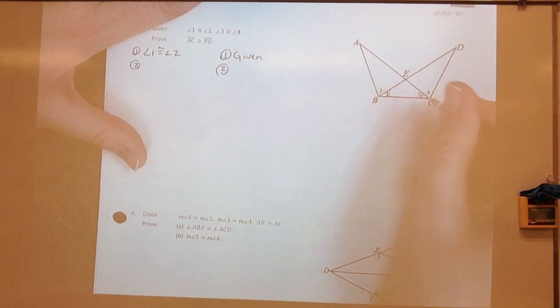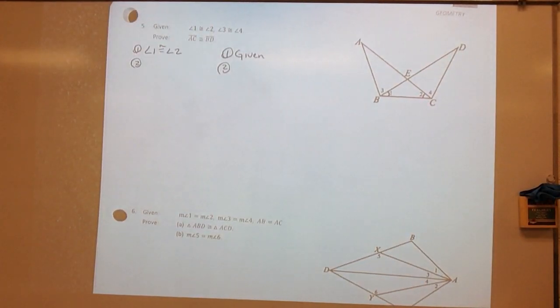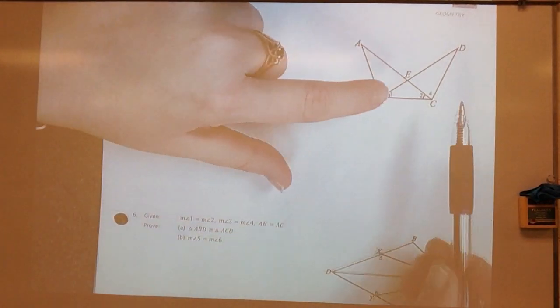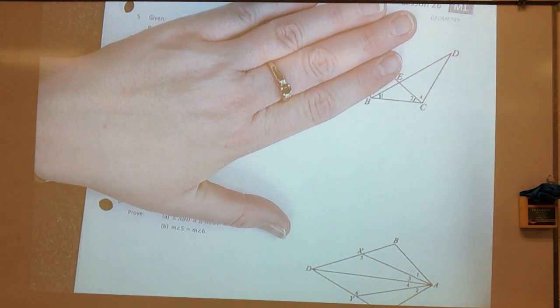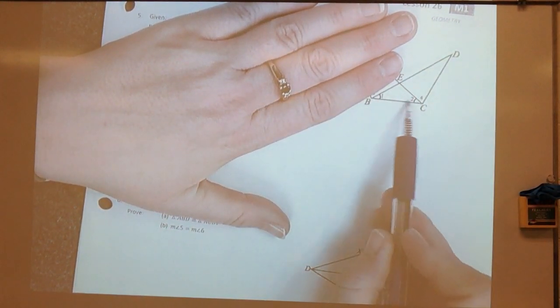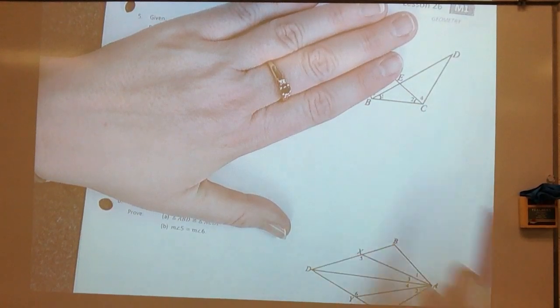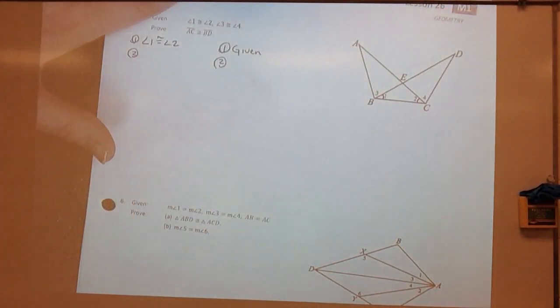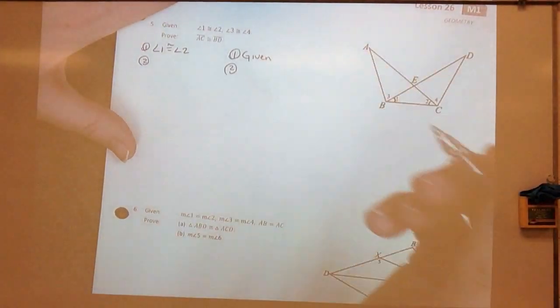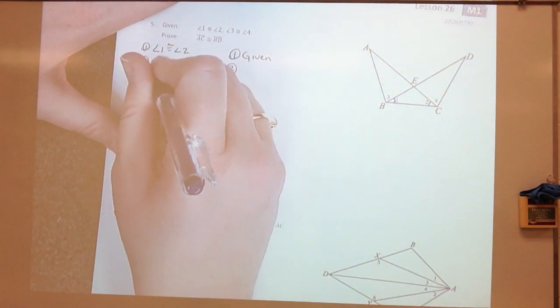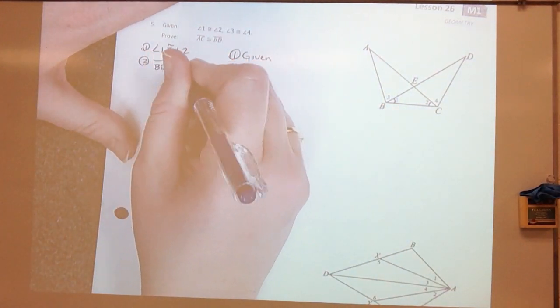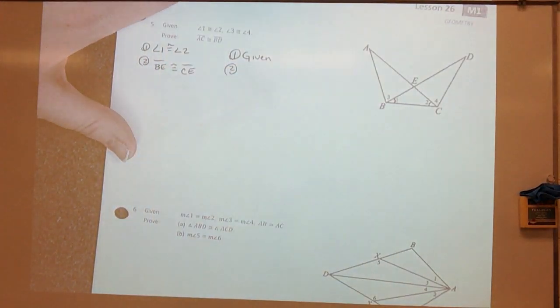Since I know that, there's a couple things I can figure out here. We just dealt with this in the last one. I'm going to look at this small triangle. Since I have two angles that are equal, what do I know about the sides of this triangle? I know they are equal also. So I can say that BE is congruent to CE.